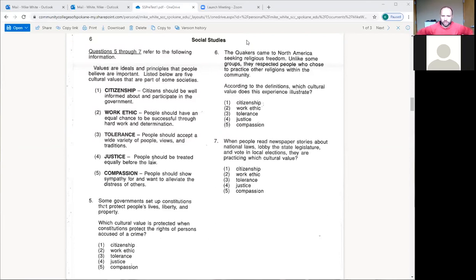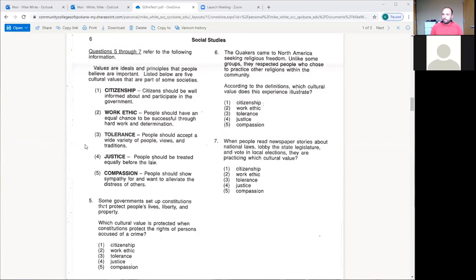So between tolerance and compassion, let's look at them a little closer. 3 is tolerance: people should accept a wide variety of people's views and traditions. Or 5, compassion: people should show sympathy for and want to alleviate the distress of others.